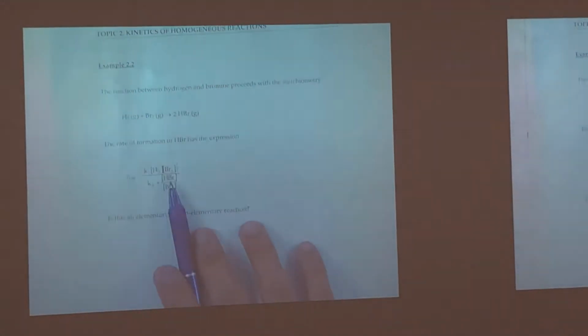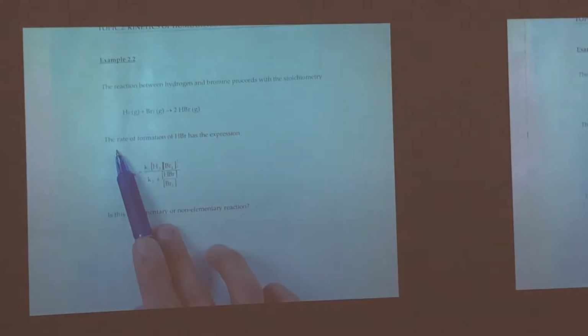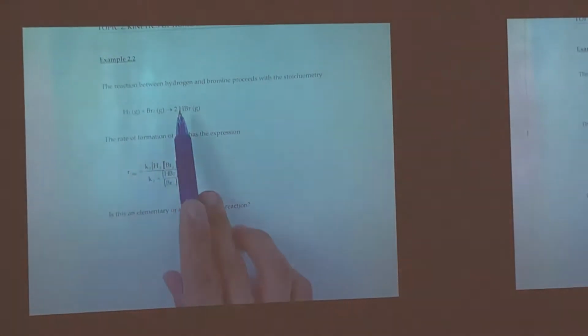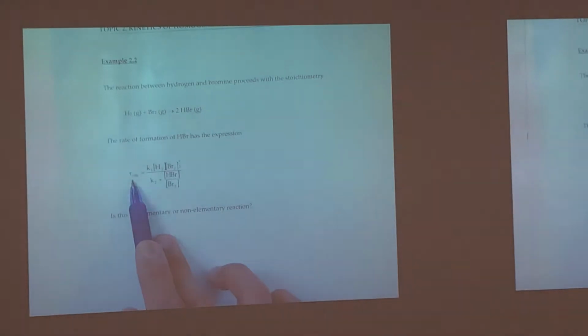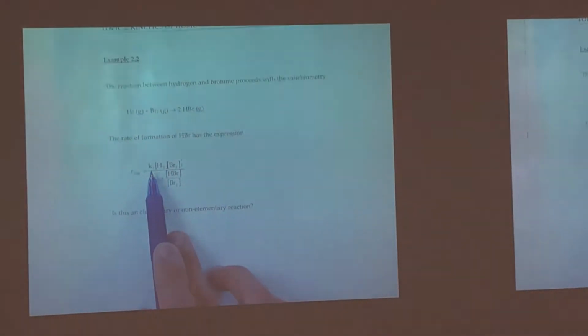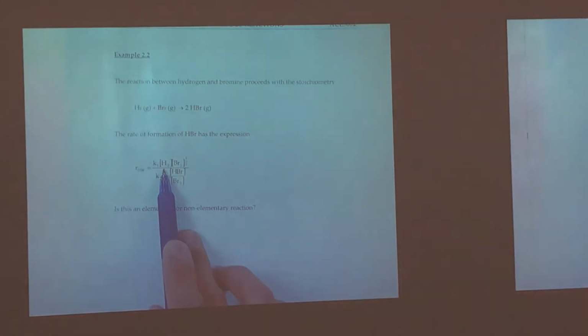Cannot chew bromine. Okay, this reaction, you can see the rate of formation of HBr, wow, it's very complex, right? The rate of formation of HBr is equal to k1 times concentration of hydrogen, concentration of bromine to the power of half, over k2 plus concentration of HBr and Br.